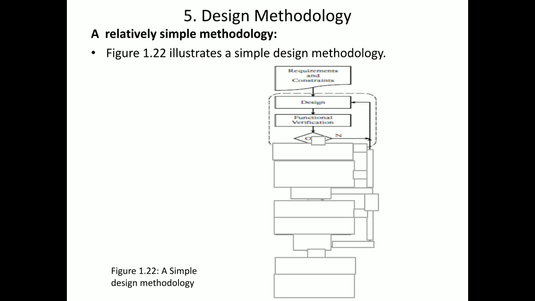When the design is functioning properly, means it is giving proper output, we will move to the next stage, okay. See, the design stage is done. After the designing, we will be verifying the functionality of the design, and we will be checking whether the design is giving proper output or not. If it is not giving, we will move back to the design stage and we'll correct the errors.